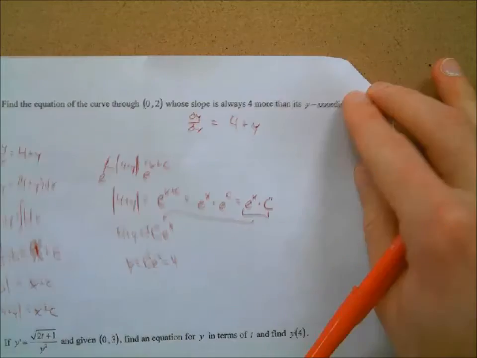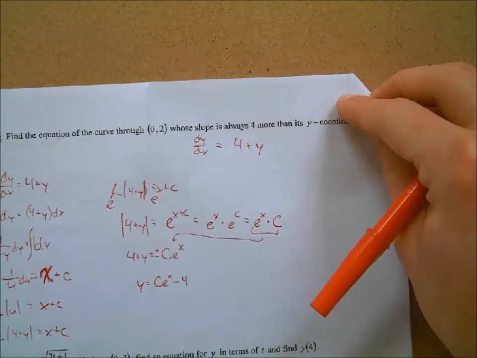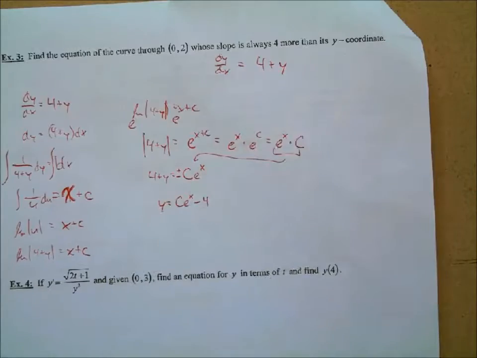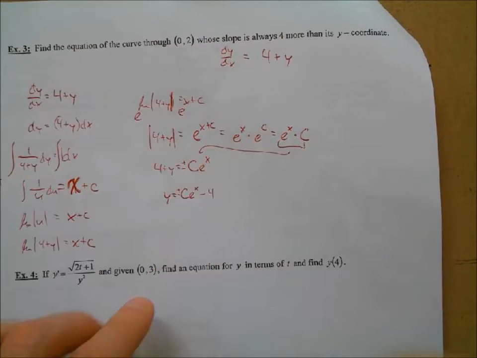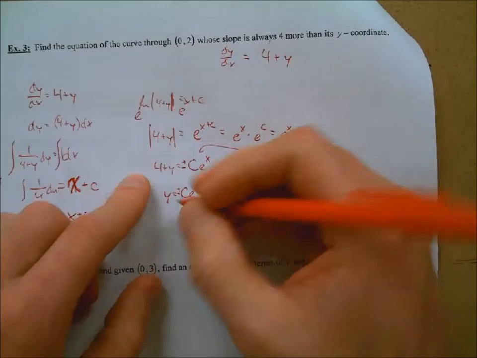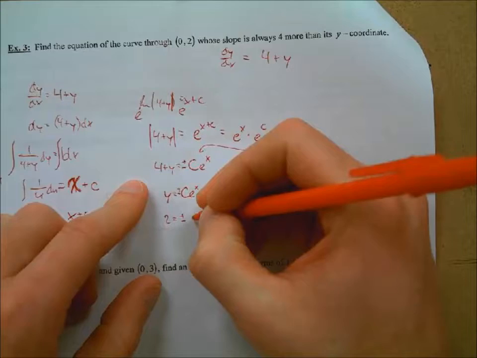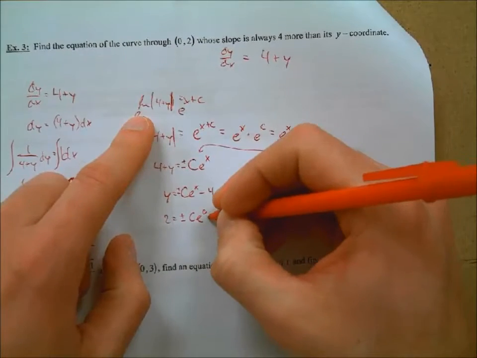All right. Yes, right. So plus or minus the c e to the x minus 4 there. And then we finally solve for our c value by plugging in our points. So 2 is our y value, and then 0 is our x value.